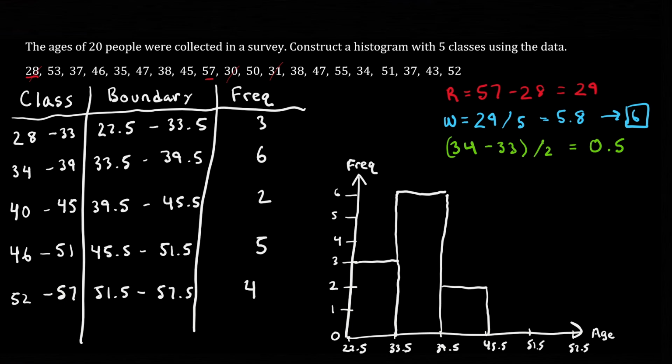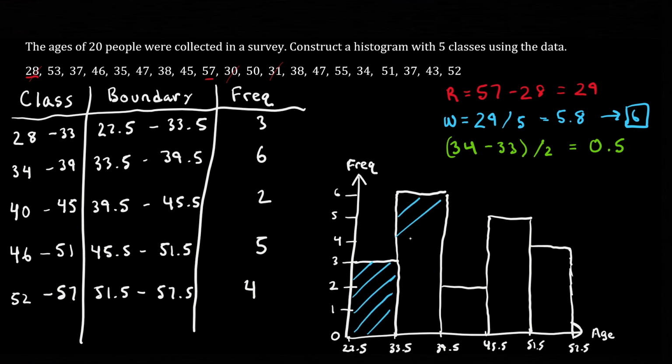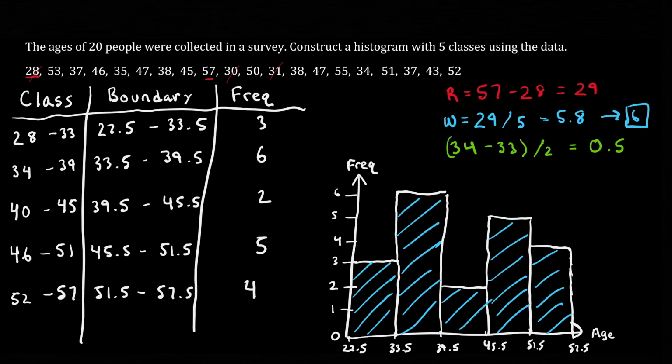Next one has a frequency of 5. And the last class has a frequency of 4. We can also label the frequencies on the top of each bar. So 3, 6, 2, 5, 4. And this is our histogram.